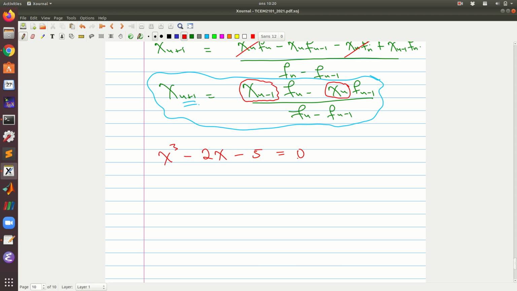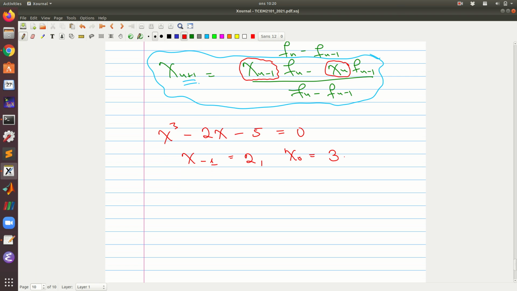They say let the two initial approximations be given by x negative 1 is 2, and they say that x naught is 3. So we have all we need. We know that our f of x is here.